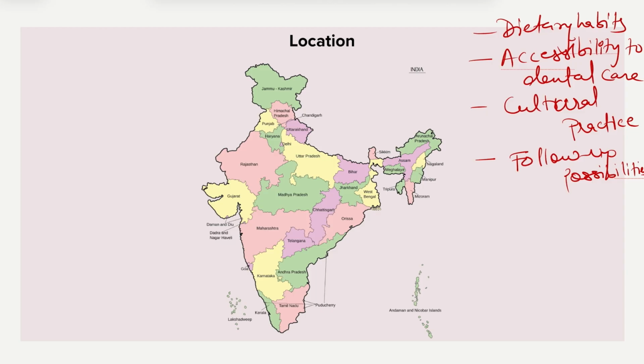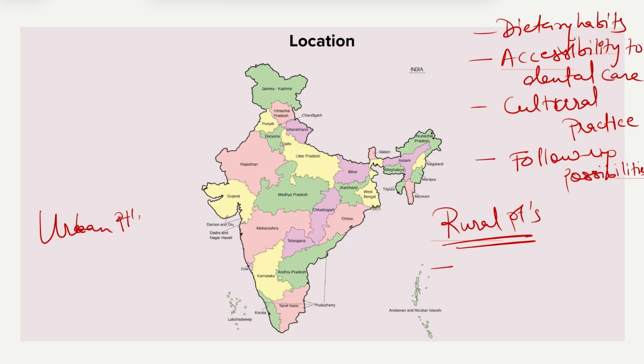For example, rural patients may present with delayed dental treatments, advanced ridge resorption, and limited access to regular care, while urban patients may have greater aesthetic awareness, higher expectations, and better access to treatment facilities.